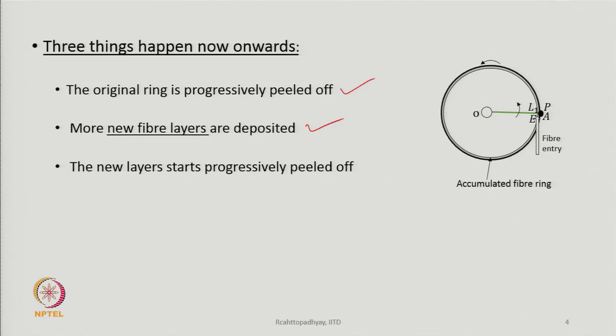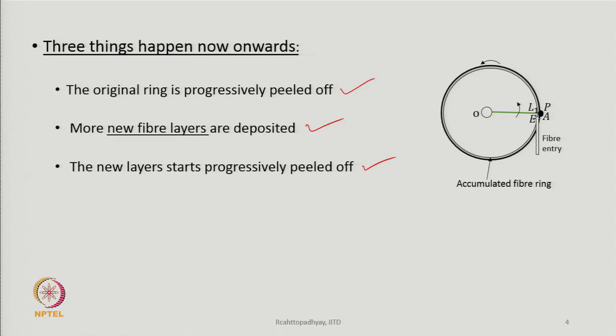The new layers start progressively peeling off. So, one is the original fiber ring which was existing before we fed the seed yarn, and from now onwards new layers of fibers will start building up.